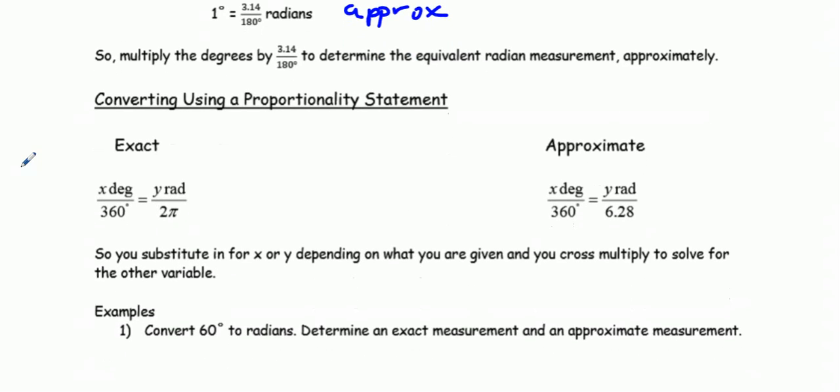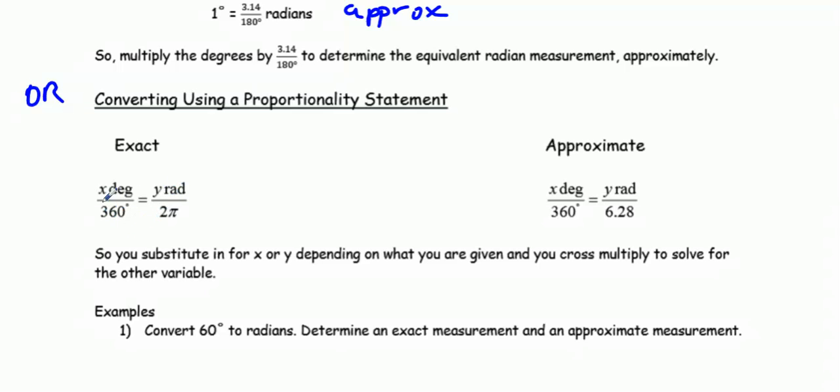Or you can use this other method, a proportionality statement. If we have degrees and we're trying to get radians, then we would have x degrees over 360 is equal to y radians over 2 pi.